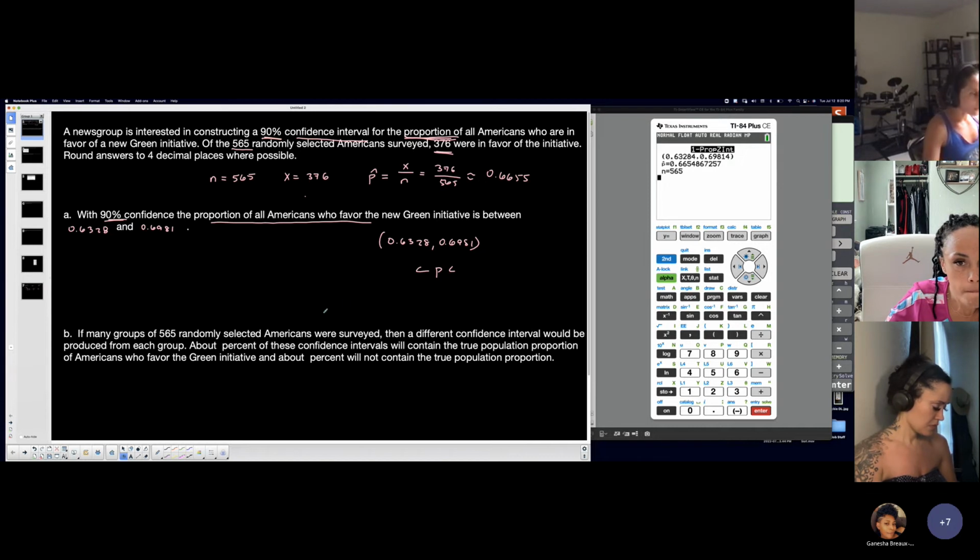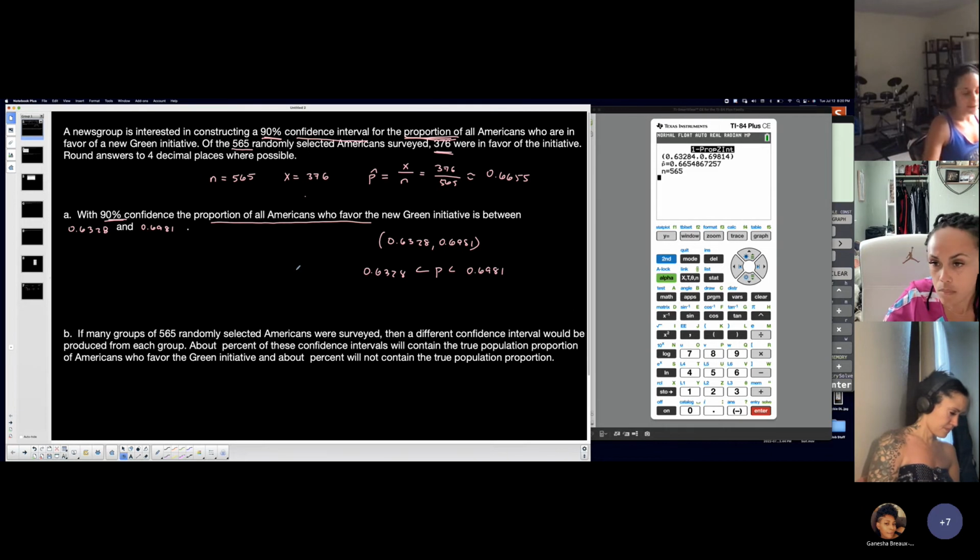If they want it in what we call tri-inequality form, that's this form. The lower end is 0.6328. The upper end is 0.6981. And this is tri-inequality. Tri meaning three things. The middle is P because it's a confidence interval for a population proportion, and then you have the low end and the high end of that. So everything in between, open interval, right?